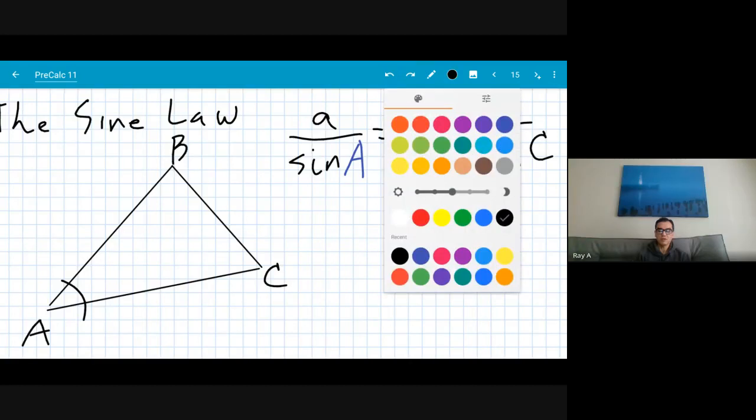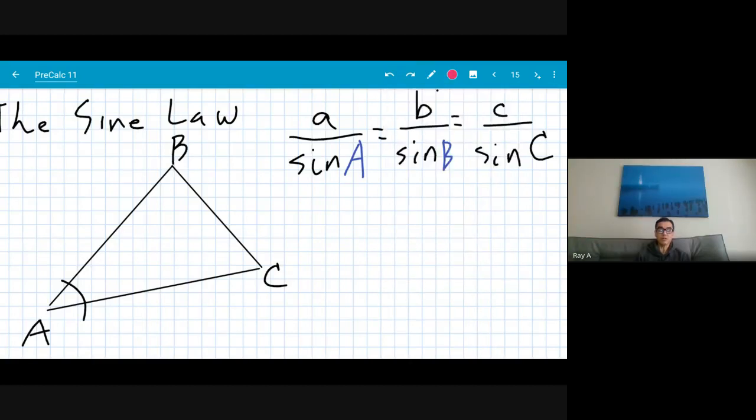I hope you remember that to label a triangle using little letters, the little letter a is used to label the side opposite angle A. Where's angle A? This one. What is opposite angle A? This side here.